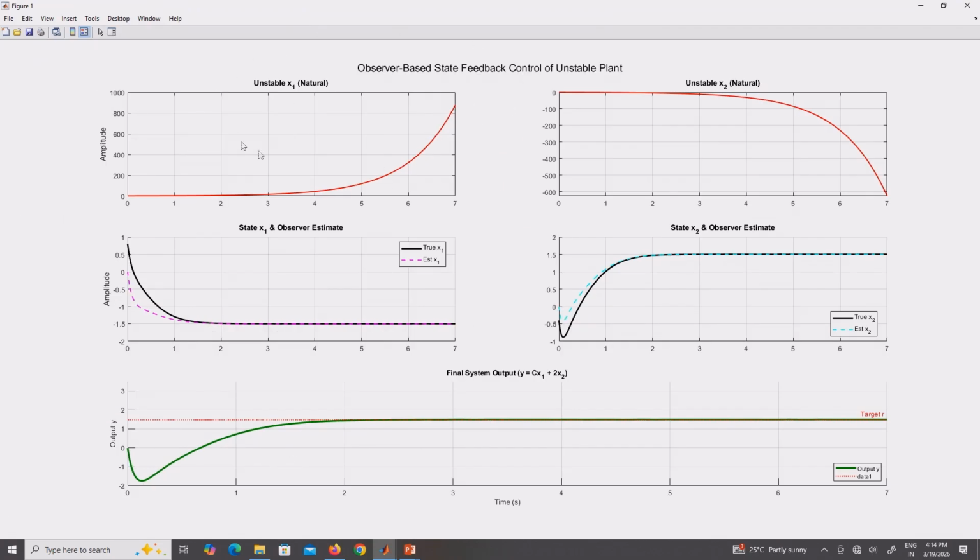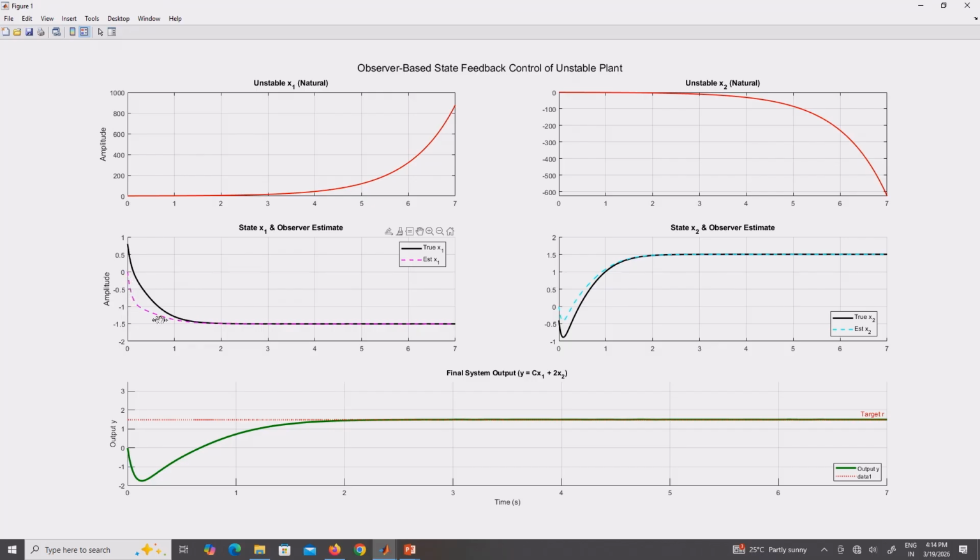You can see this is the system I get. The first, these are the two states, the states without any feedback. You can see without any feedback the system is unstable, because the states are just becoming unbounded. Now, once I have given a feedback, you can see that these are x1 and x2, your actual states, and the observer is estimating these states. The dotted lines here are the observer's estimated states.